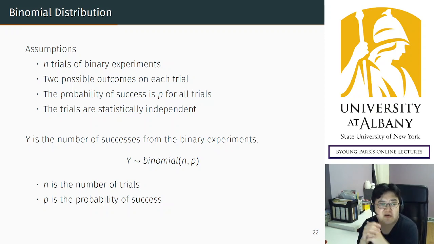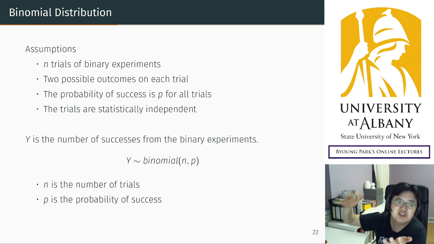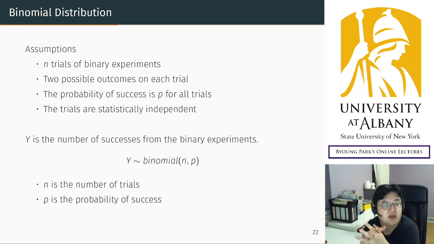First, there are n trials of binary experiments, so n times, and 2 possible outcomes from each trial. Obviously, each of them is binary. And the probability of success is p for all trials. So the probability of success does not change over the repetitions. And finally, the trials are statistically independent.